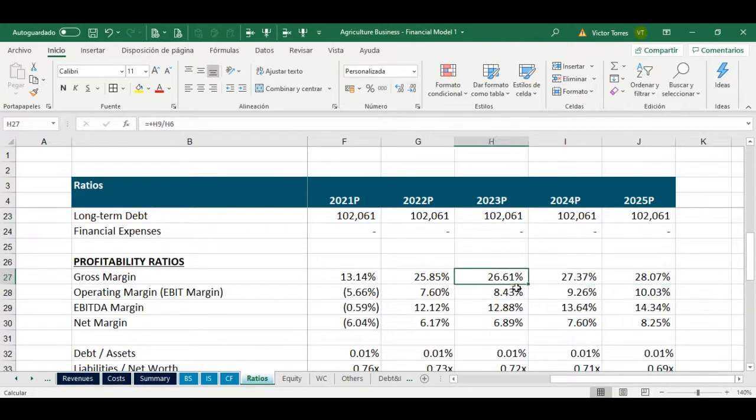So we are capable of reaching the 28 percent in gross margin, based on the revenue that we forecasted and the cost that we calculated. Operating margin is going to reach something more sensible, close to 10, and net income a more sensible number of 8, with all the different expenses.